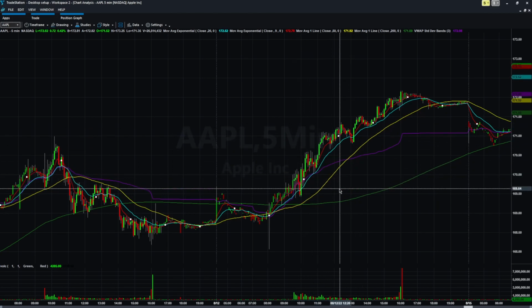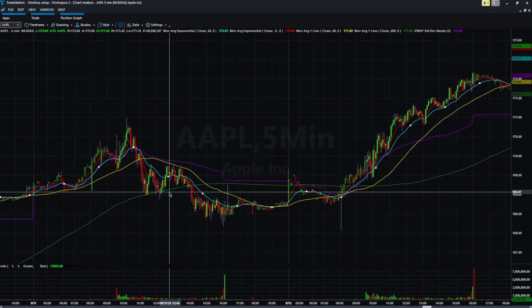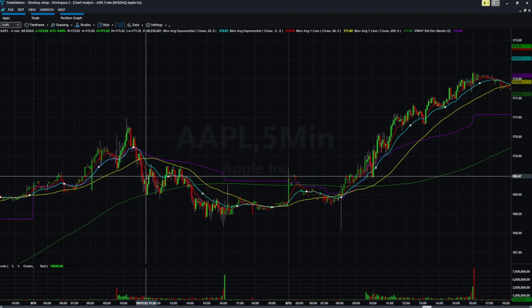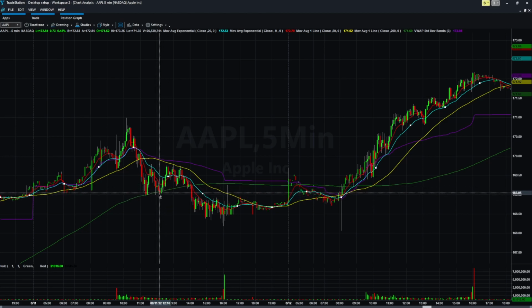Now, for non-PDT guys, for guys under PDT, it's a little harder, especially on ones that are very active. Because if you do get, say, you're buying on the 200 SMA here on the 5, and you do get wicked out on this candle, then you're screwed because it's kind of the end. So it's difficult. But if you do have PDT and you get stopped out on an entry here, this is a good risk reward.